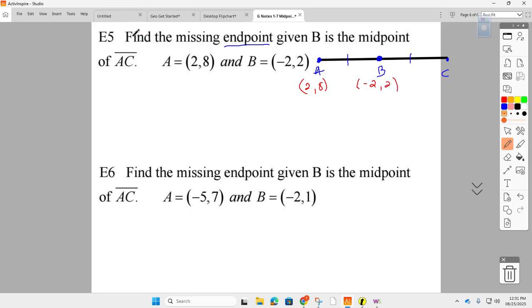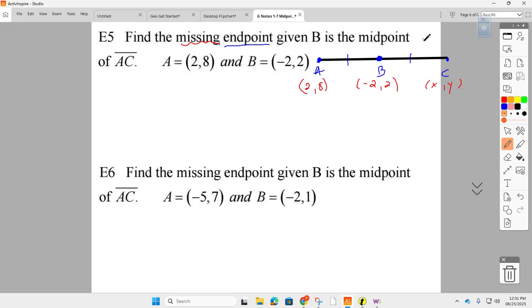And then the one that is the missing endpoint, the one that we don't know, is C. So we need an x coordinate and a y coordinate. We have an unknown x coordinate there and an unknown y coordinate. We can use this formula since we know the midpoint coordinate to find that point, and that's what we're going to do first.